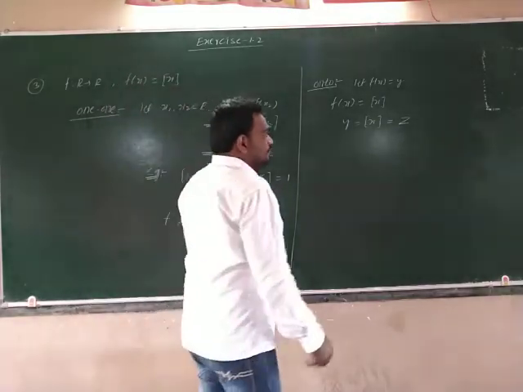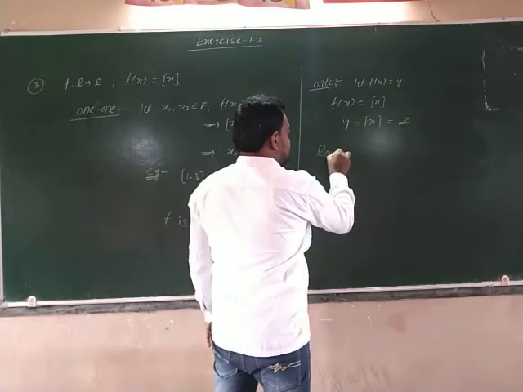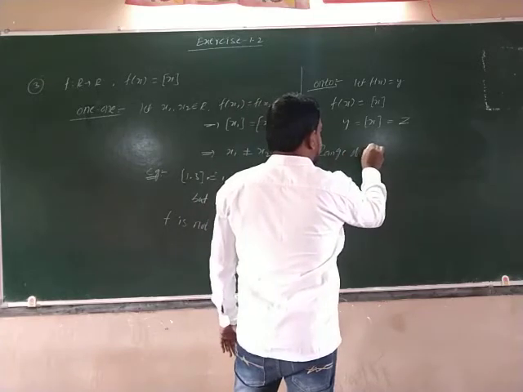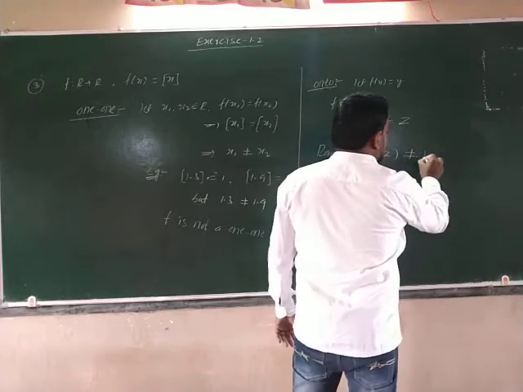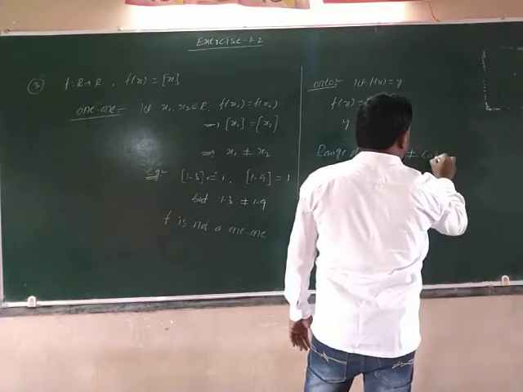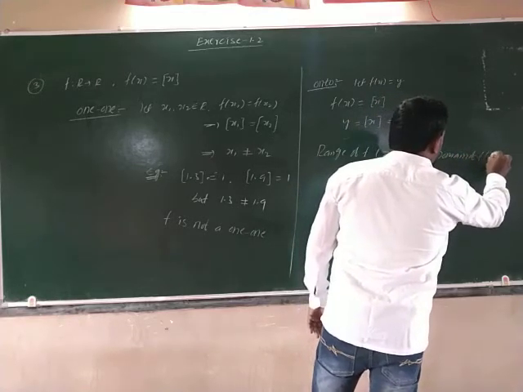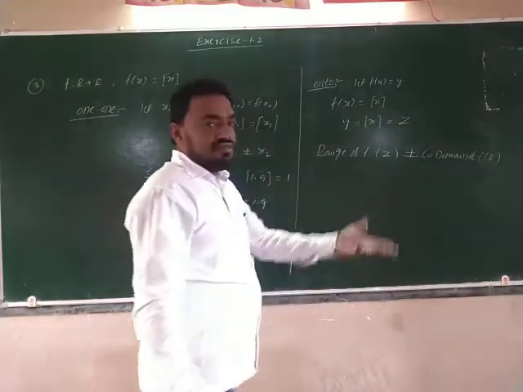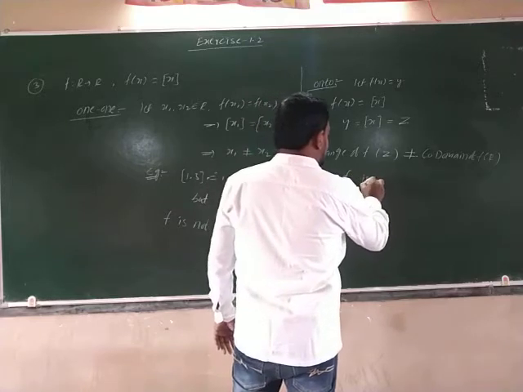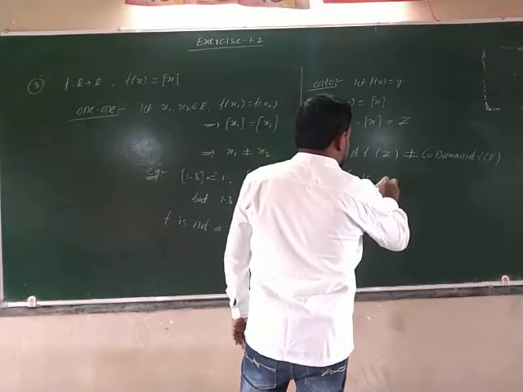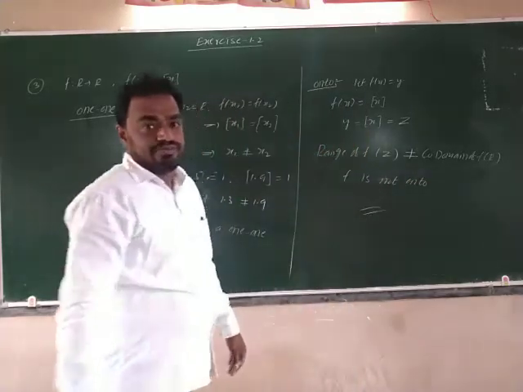So the range of f, which is Z, is not equal to the codomain of f. What is the codomain of f? R. Z is not equal to R. Therefore, the function f is not onto, or surjective. And this is the answer.